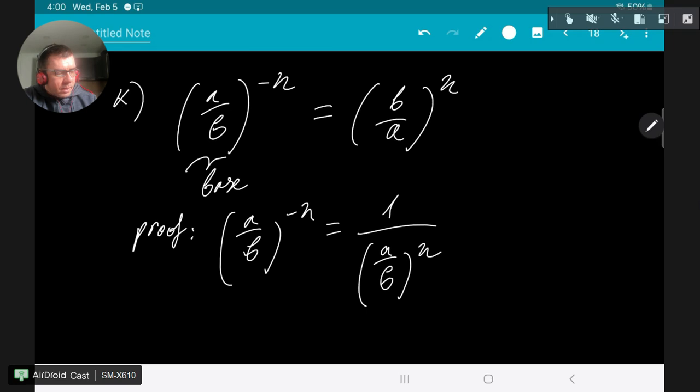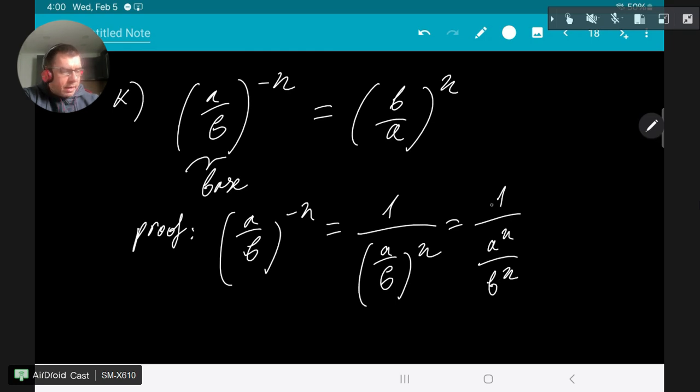So now if I want to apply the rule that says that if I have a fraction in the base, I can remove the brackets and both the numerator and the denominator will be affected by the exponent. So I can write it as 1 over a to the power of n over b to the power of n, right?